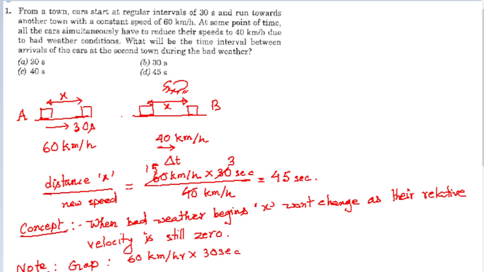The gap later is equal to 40 kilometer per hour into 30 second, and much later they will resume arriving at a 30 second gap again.